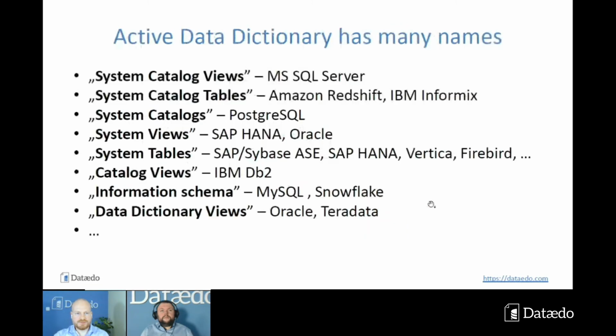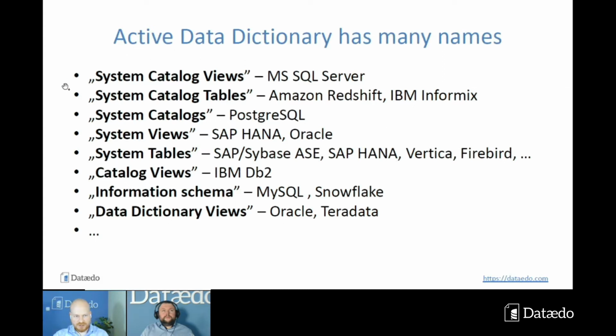Okay, let's move on. You probably heard about the data dictionary. If you're working with databases, if you're running any queries, you have probably heard it under very different names. Every vendor has their own names for the same actual idea, the active data dictionary.